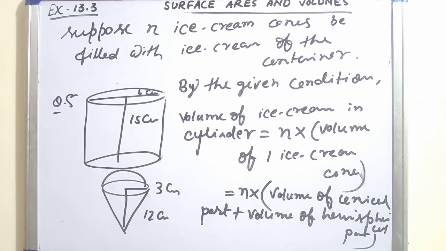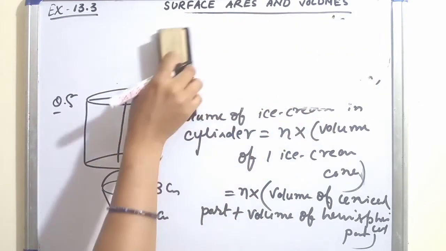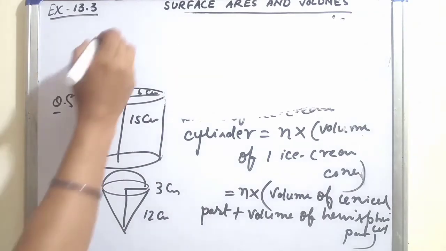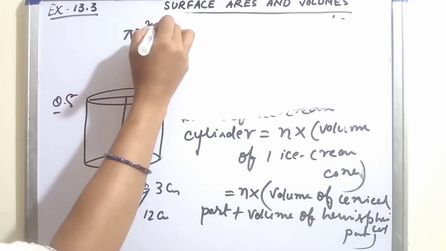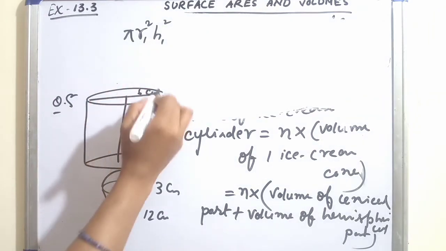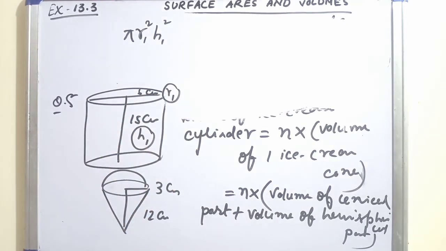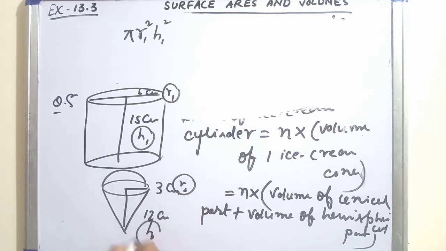That means pi r1 square h1. I am just doing the main calculation. So here this radius, suppose this is r1 and this is h1, and this is r2 and this is h2.